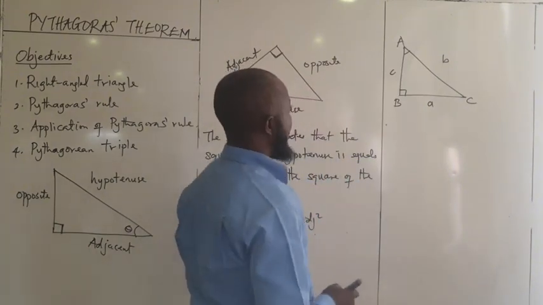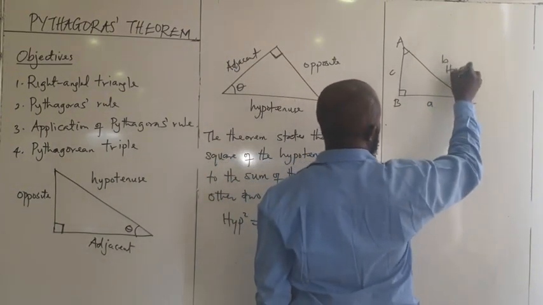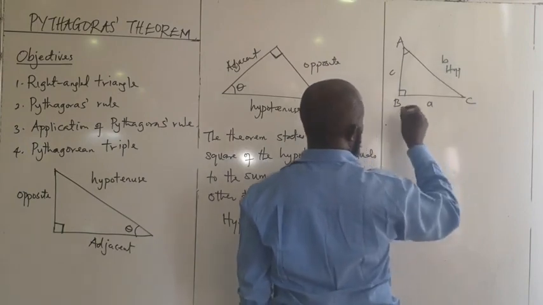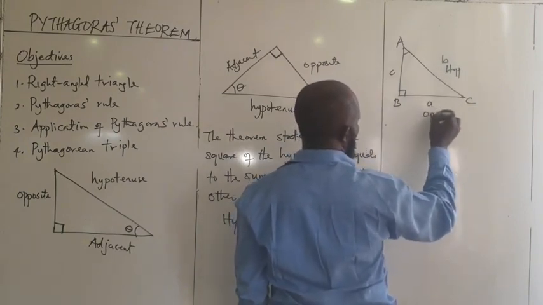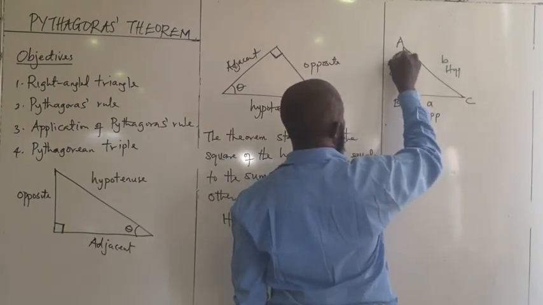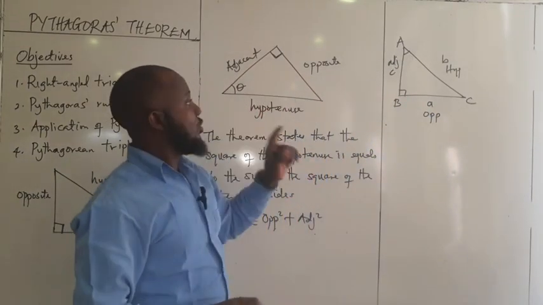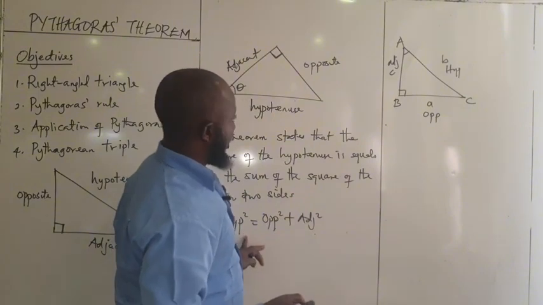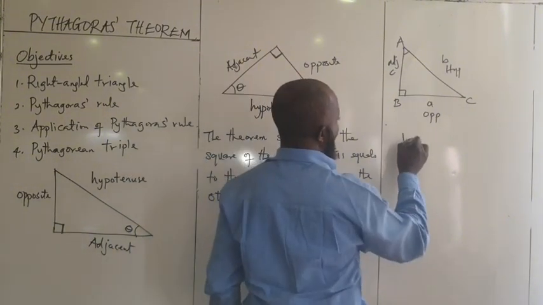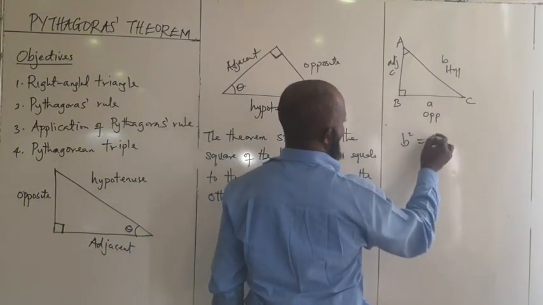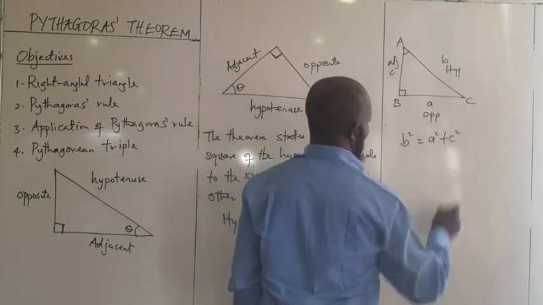From here, this is the hypotenuse. This is opposite, and this is adjacent, because I'm considering this angle. So that means hypotenuse squared, which means b squared, equals a squared plus c squared.